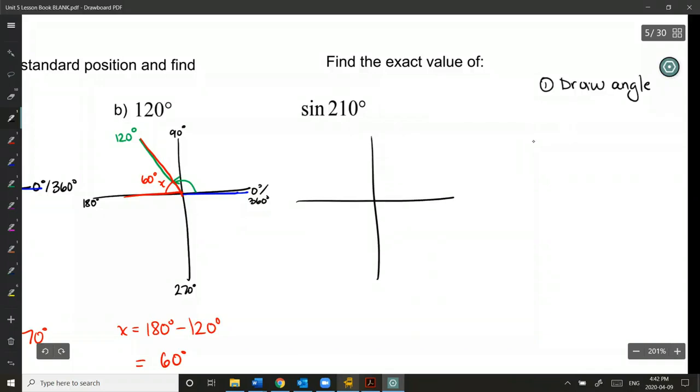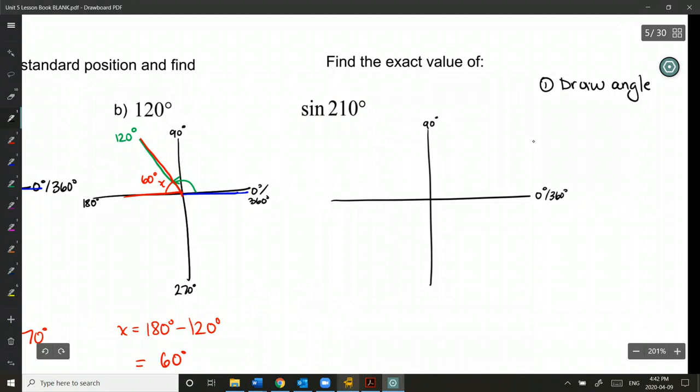So looking at 210, you're going to draw out your grid here, a little bit bigger. And you're going to measure from the initial arm 210 degrees in a counterclockwise direction. So that should end us right about here.